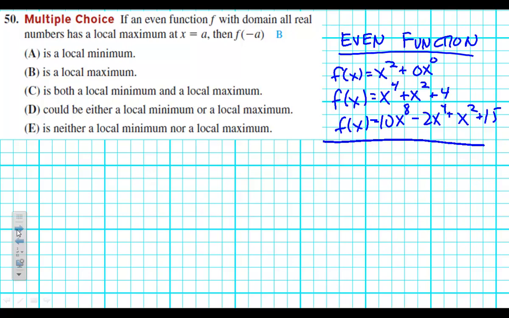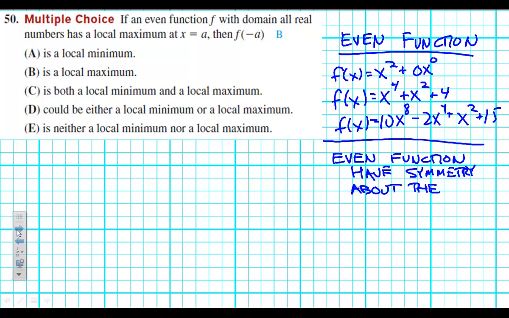Next level up. Even functions have symmetry about the y-axis.